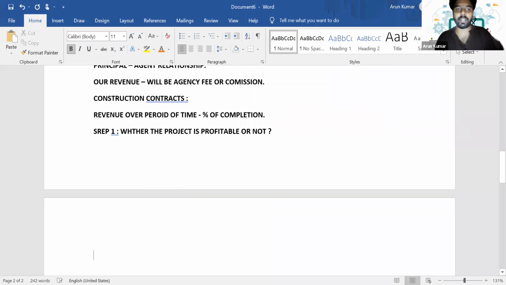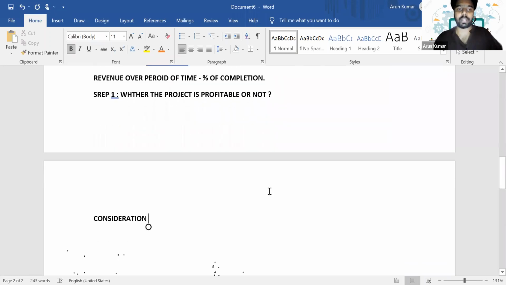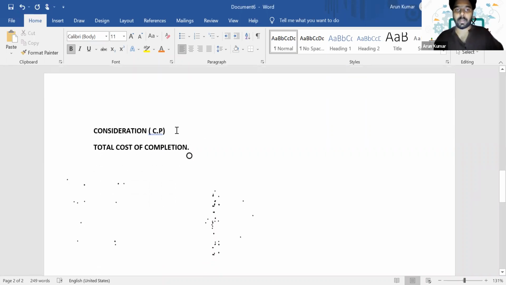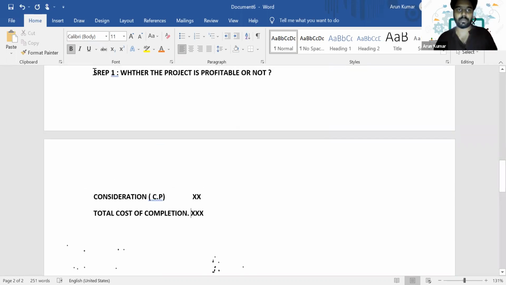Simply compare the consideration, that is the total contract price, with the total cost of completion. Let's say that's your first step. That is step 1.